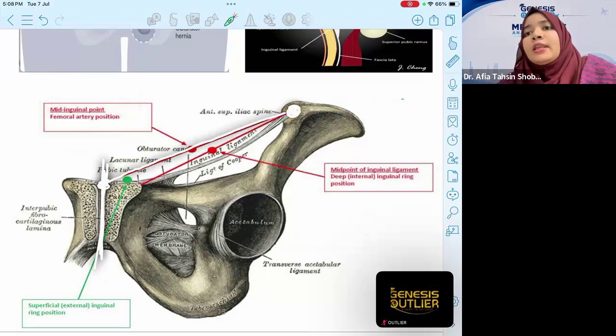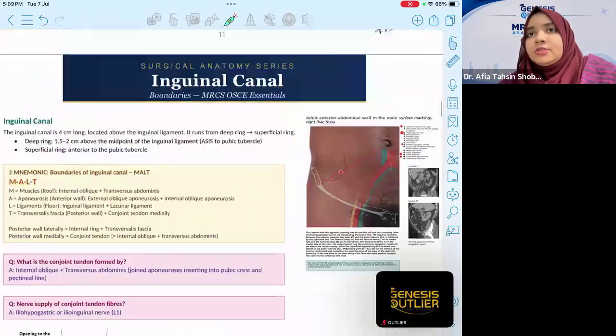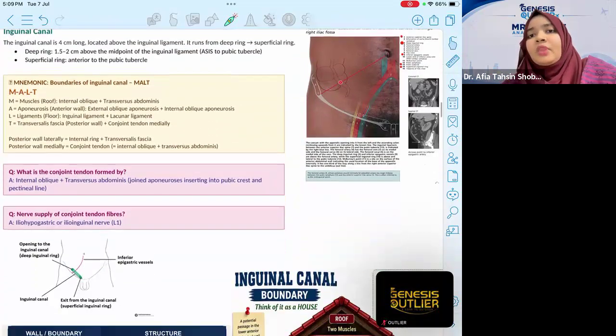If you draw a line between them, the midpoint of it is the mid-inguinal point, and this is the position of the femoral artery. So don't mix up these two things. Now we need the midpoint of the inguinal ligament; here we will get the deep inguinal ring. So these two are important for our exam.